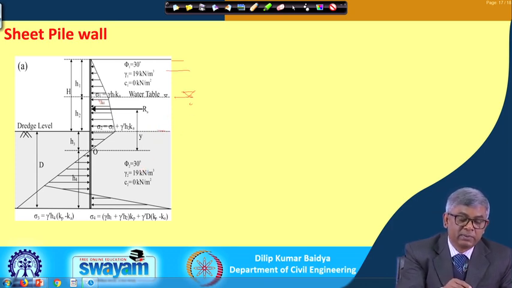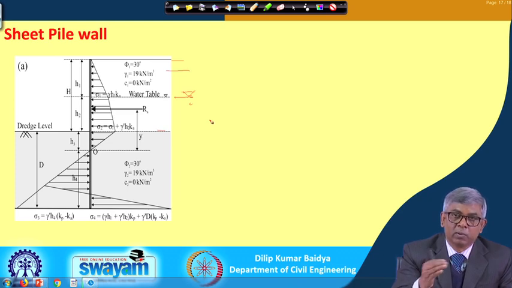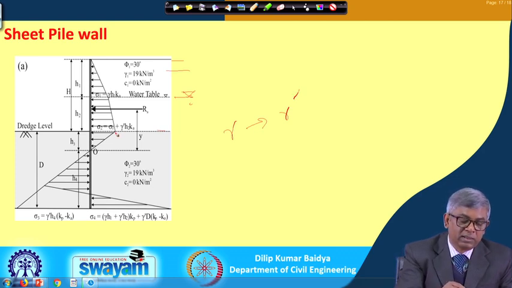So, if there is a water table present, how will be the analysis? What is the difference? Everything will be the same. Only this pressure diagram will be changed, and how? Wherever there is a water table, below the water table, wherever there is gamma, gamma will be replaced by gamma submerged. So, it was something like this, now it is reduced here.